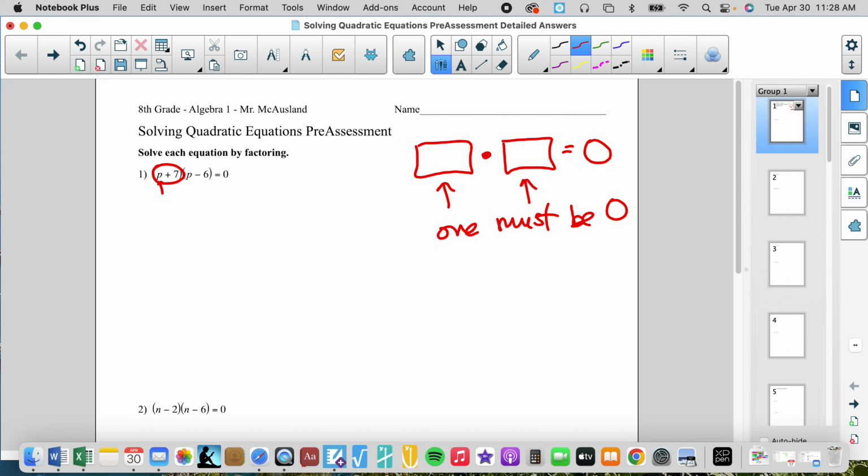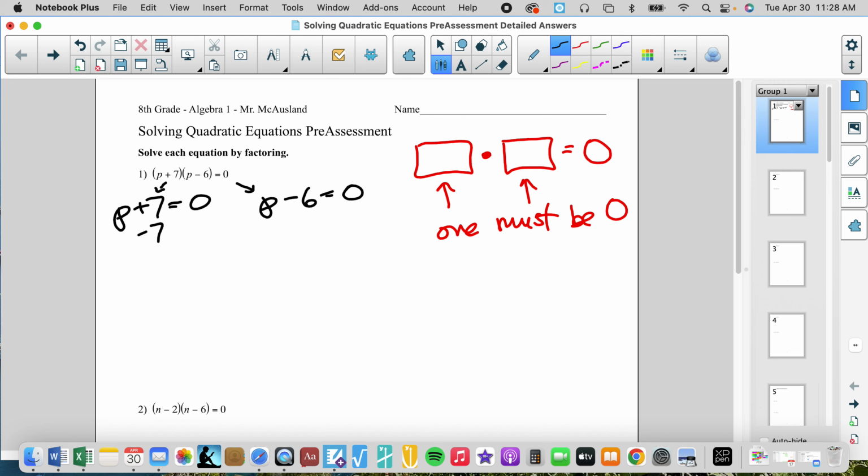Yes, mental math, we can see it, but the way we notate it and show our work is we set each of those boxes, groups, parentheses, quantities, equal to zero, because we're asking what value for p would make the left side, or that right side, equal to zero.